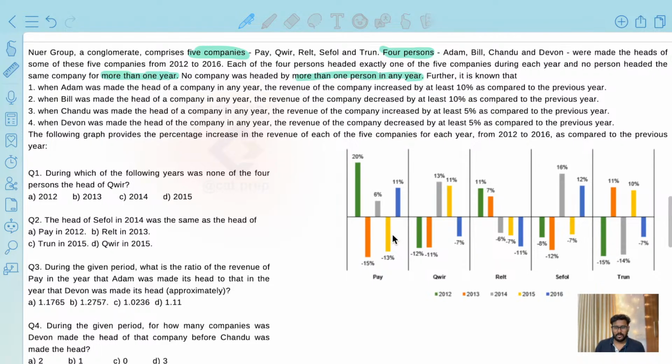No. When C was made the head of a company in any year, the revenue of the company increases. When D was made the head of the company in any year, the revenue of the company decreased by.